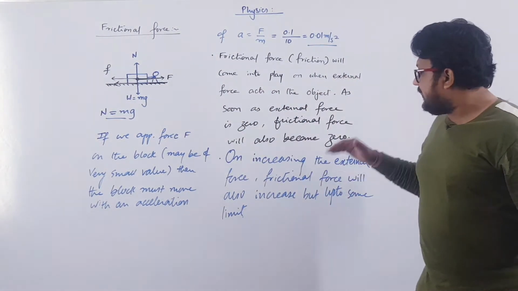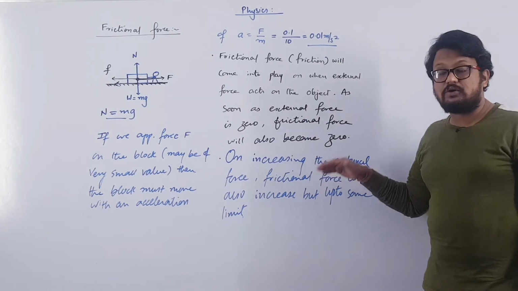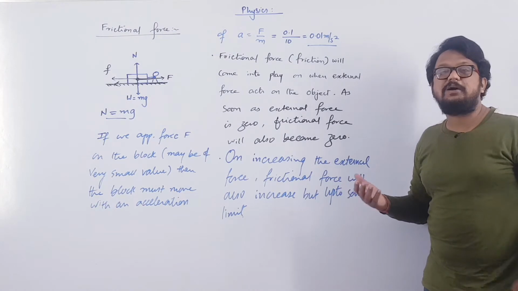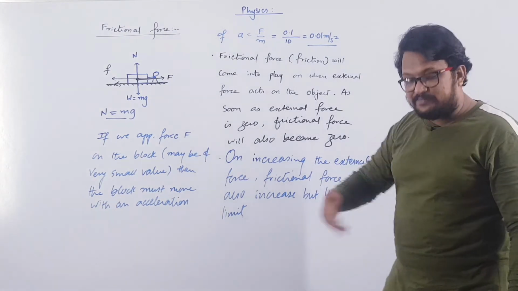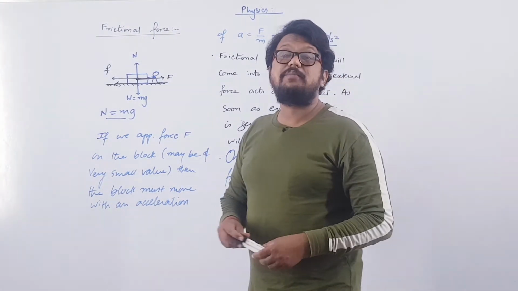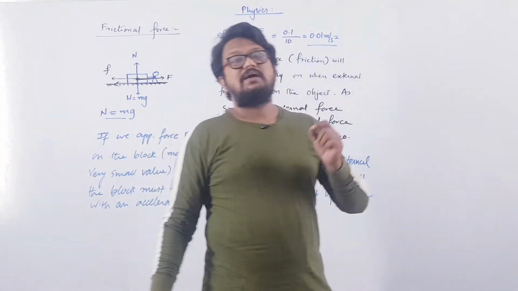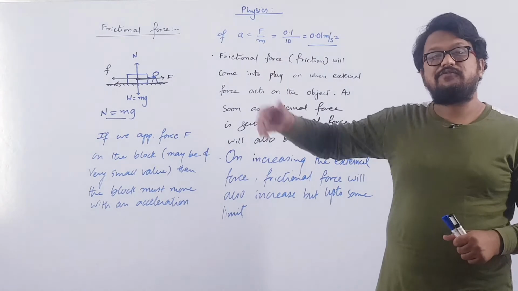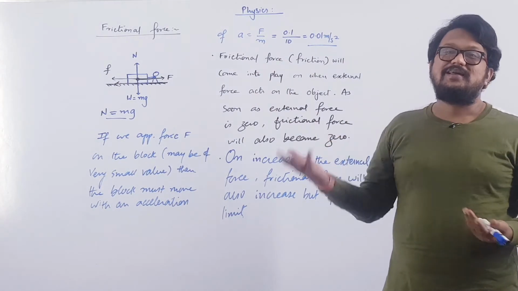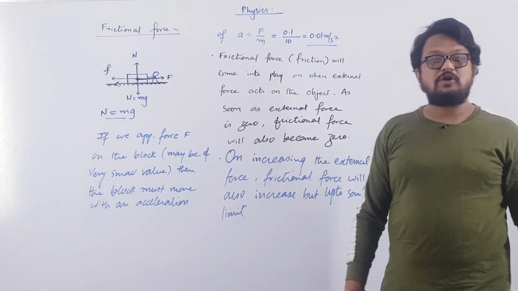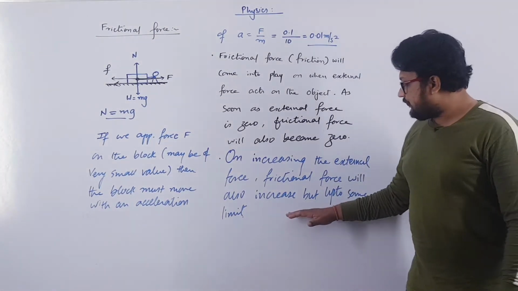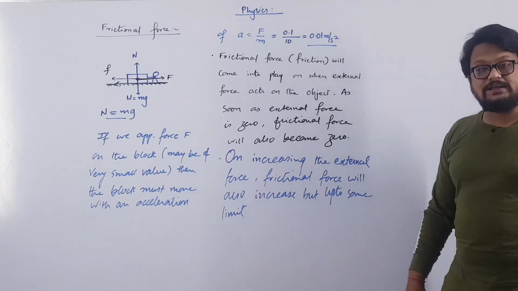On increasing the external force, frictional force will also increase, but up to a certain limit. If it kept on increasing, then obviously we would not be able to move any object in any case, because if you keep on increasing the force and frictional force also keeps on increasing, then of course that object will not move for any amount of force which you are applying. So frictional force will increase up to a certain limit.